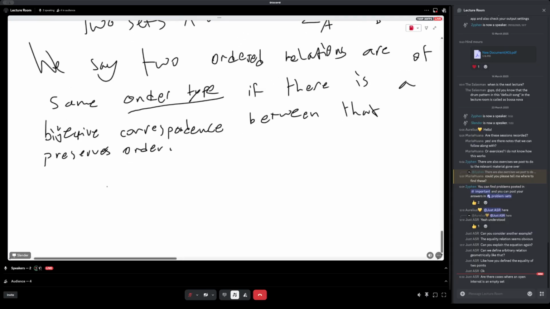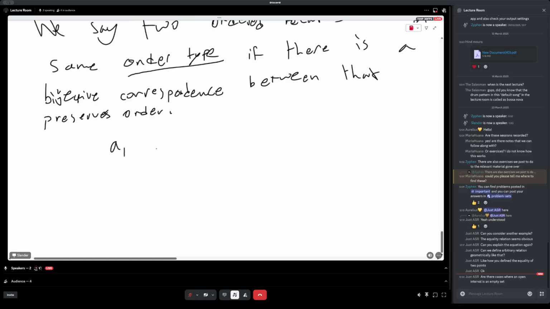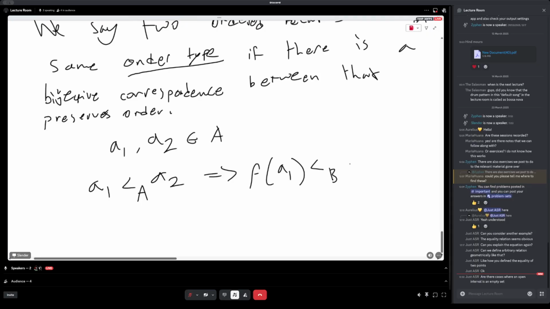So let's say we pick a1 and a2 from the set A, and a1 is less than a2 under the order relation defined on A. This implies that after applying the function, the images satisfy the order relation less than on B. So this function is definitely going to map from A to B as a bijective function.